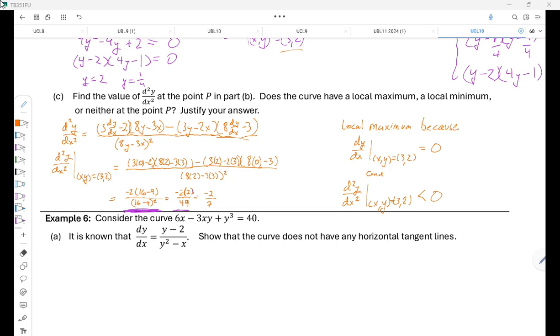I don't think they're taking off the point because of the word because, but that's what should be there. So a little bit tedious, but nothing crazy difficult. You don't really have to do any algebra with the second derivative there. You just need to plug all the numbers in. Look for zeros to make your life easier.